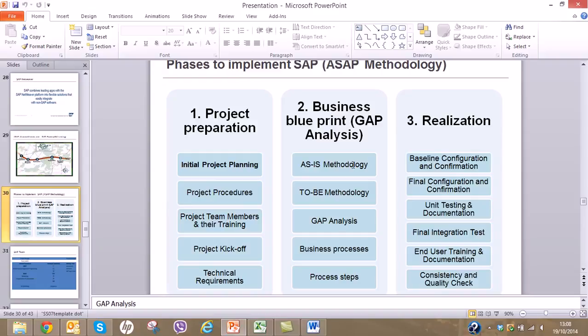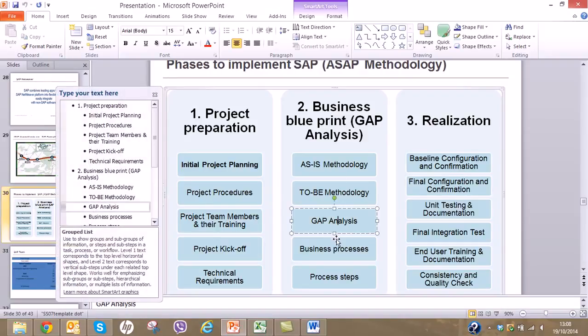Now, what will be included in these documents? You have to follow another methodology, which is called as-is and to-be methodology. I have given you the example of gap analysis, business processes. Now I will tell you as-is and to-be methodology. Have you heard these terms before? As-is methodology is, I am a consultant, I'm asking you, you are an end user, I'm asking the business requirement from you.